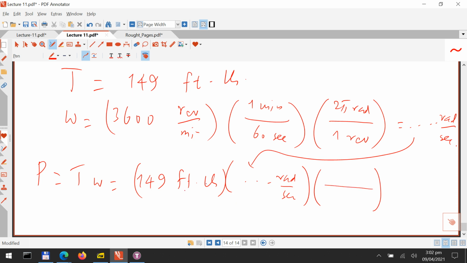I do get foot-pound per second from here, so I need to put it in the denominator to get rid of it. 550 foot-pound per second will give me 1 horsepower. So I can get rid of foot-pound per second. Radian is dimensionless anyway.